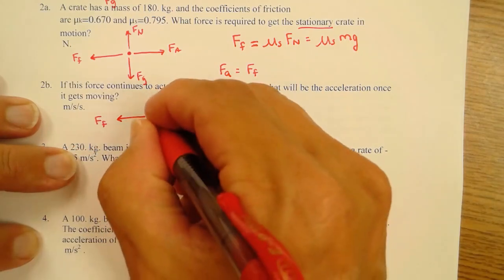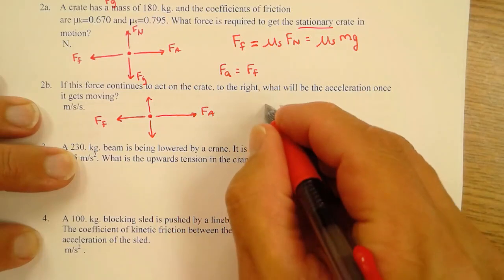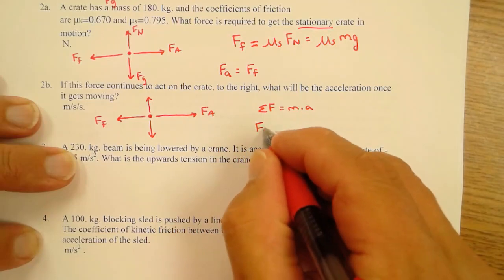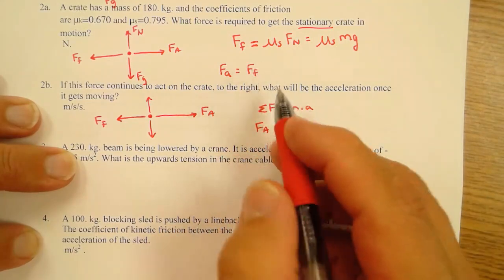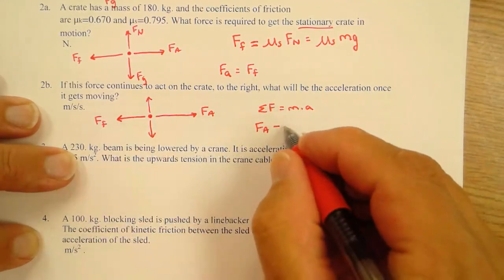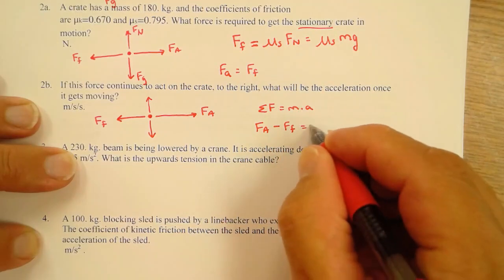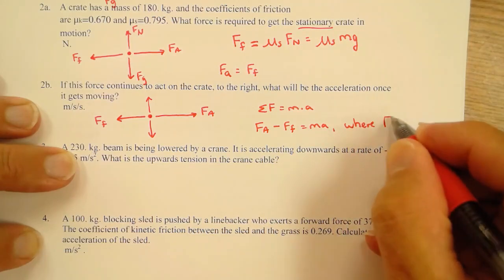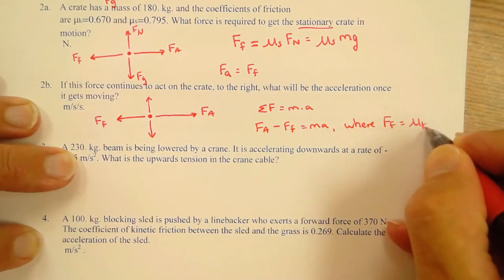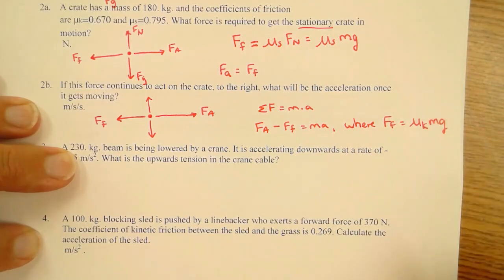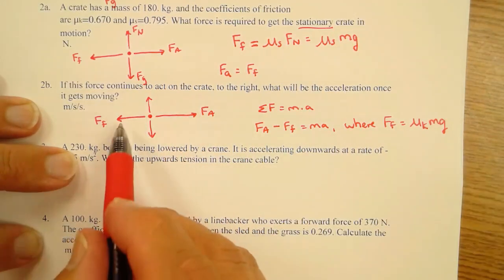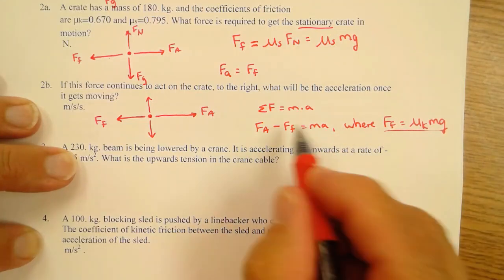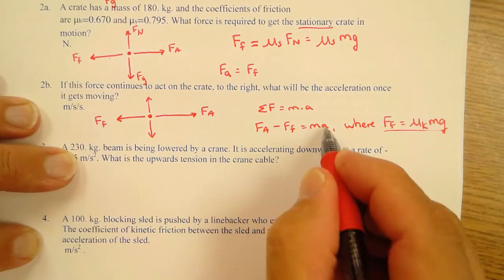And so, to find the acceleration, you now have to say that the sum of the forces equals the mass times the acceleration, and the sum of the forces will be the applied force, which you found in 2a to get it moving, minus the friction force, equals ma. But now the friction force is going to equal mu sub k times the normal force, which is mg, which is not quite as big as the friction force was up here. So first you're going to find this force, and then you can put it in Newton's law and solve for the acceleration.